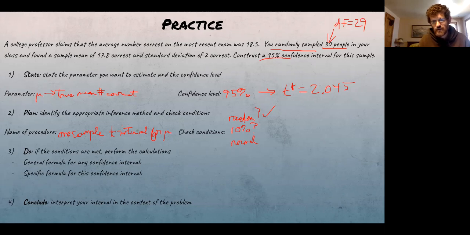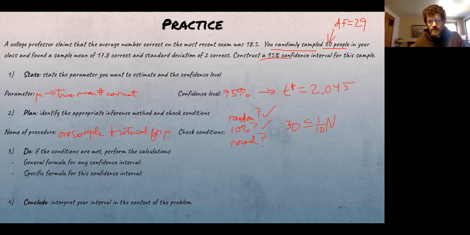So it doesn't give us any specific evidence of this. So we're going to assume it has been met, but we might say something to that effect. It's like, we assume that 30 is less than 1/10 of the population size, though we don't know 100% if that's true. We're just going to operate as though it is true.